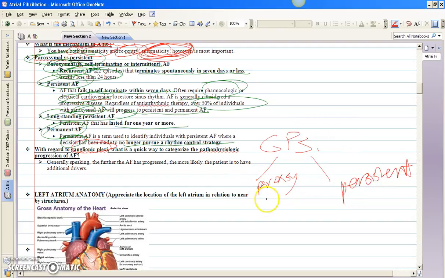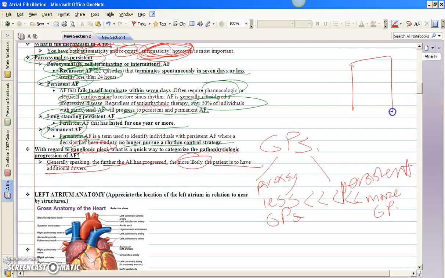In paroxysmal, you're going to have fewer foci, and in persistent, you're going to have more. Okay? So it's a progression. Just to read off the notes real quick: generally speaking, the further the AF has progressed, the more likely the patient is to have additional drivers.